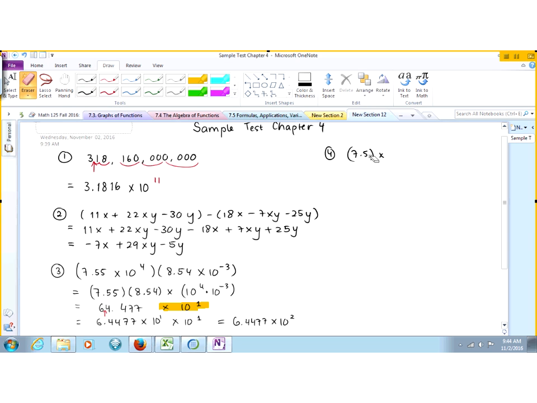Number 4: 7.5 times 10 to the negative 4 multiplied by 6.1 times 10 to the 6. You guys are going to try it. I'm waiting for the answer.